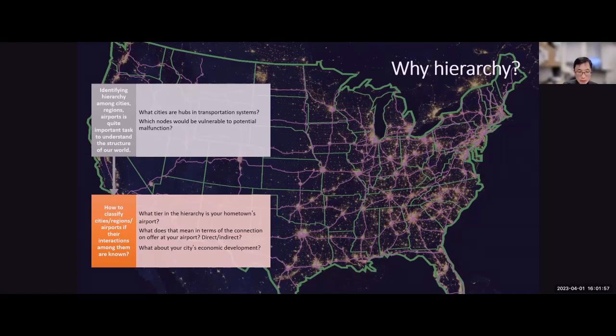So the next question is: what tier in the hierarchy is your hometown's airport, or what different levels of services are provided by cities when they are classified in certain hierarchies? These are pretty natural questions, and we try to answer them using some method.